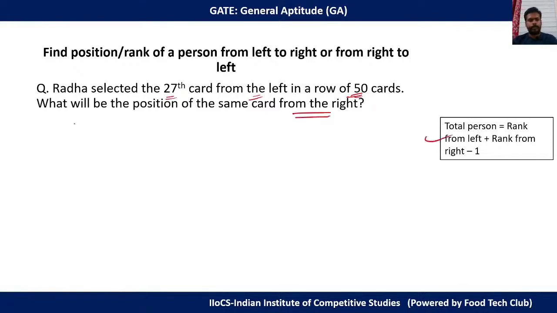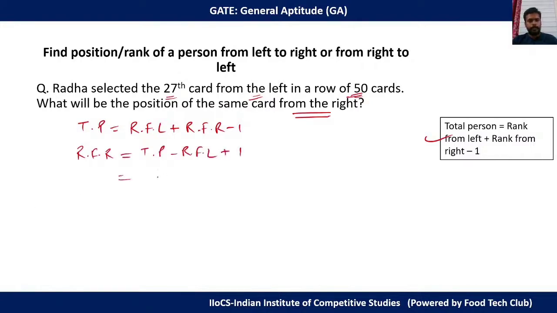So total person, again let me write the same thing. Total person is equal to rank from left plus rank from right minus 1. So I have to find out rank from right. What will it be? Total number of persons minus rank from left plus 1.